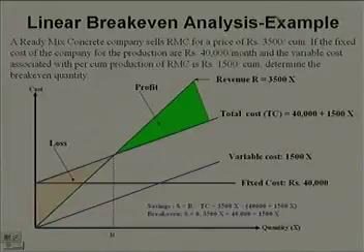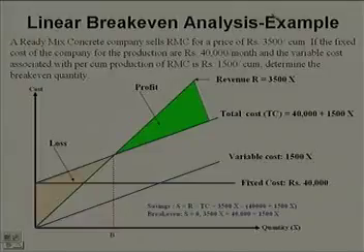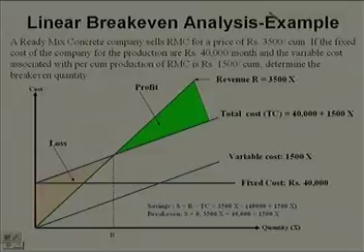Now, we will try to utilize whatever formulas we have developed just now in order to solve a numerical problem. For this particular problem, please note it down. I am assuming that a ready mix concrete company sells RMC for a price of rupees 3,500 per cubic meter. The sales price is rupees 3,500 per cubic meter.